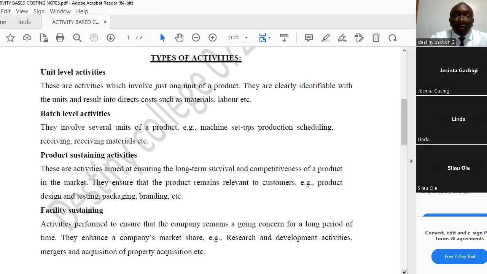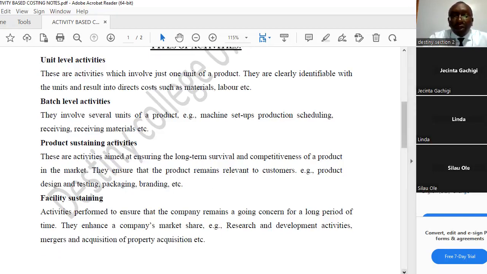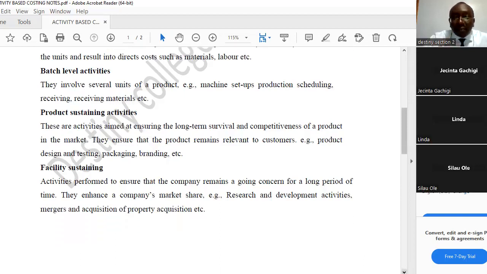Then we have what we call facility sustaining activities. These are activities that we do to ensure that our business remains a going concern for a longer period of time. And this includes issues to do with research and development, exactly why you people are back to class. It is to ensure that you become sustainable, you become relevant in the future.